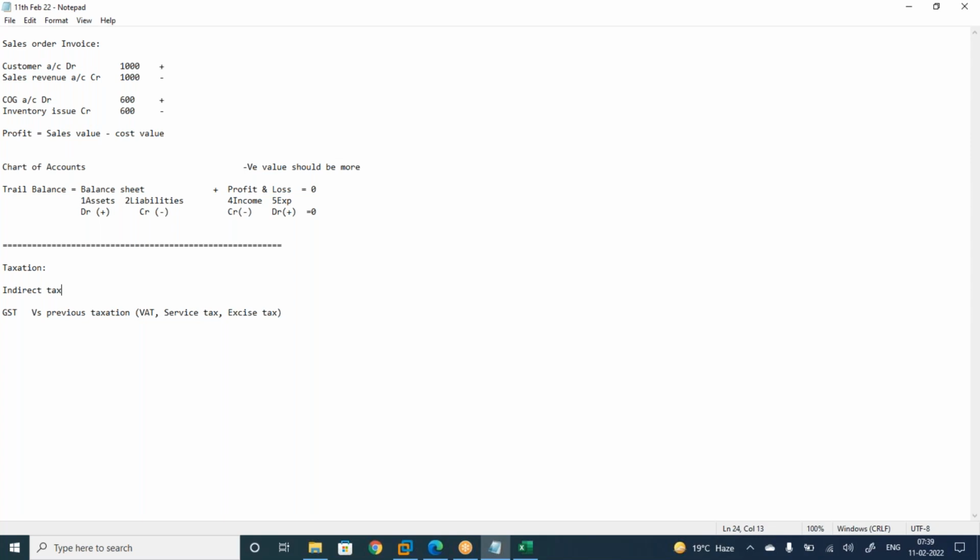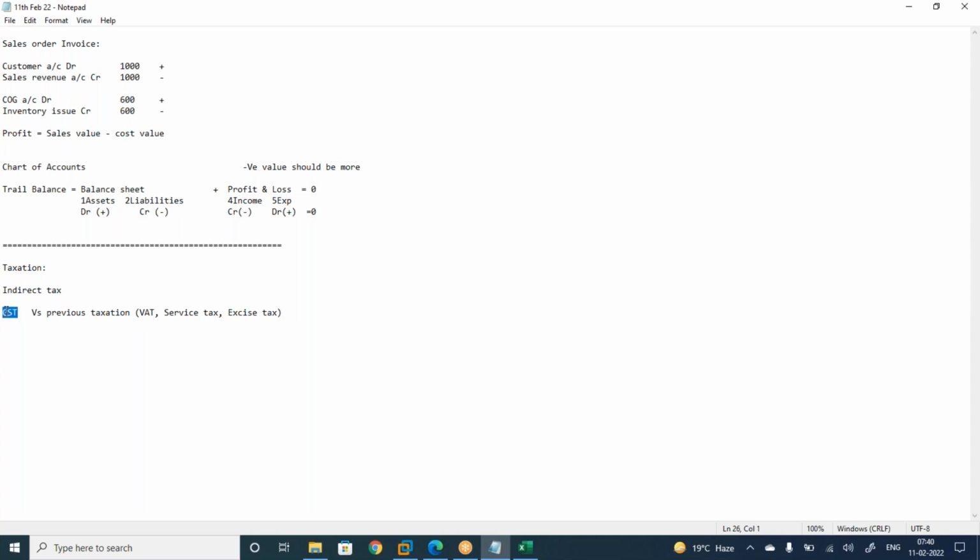In the old system, I bought 10 and sold 10 to another retailer, so I don't actually pay any tax. The person who bought from you eventually sells it to the end consumer, and he will pay the tax.